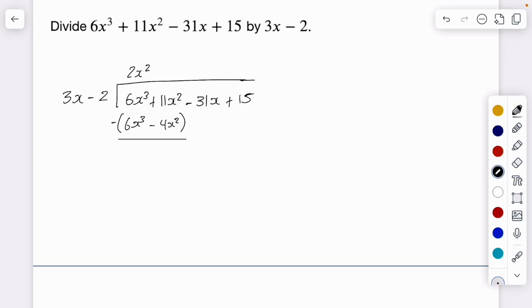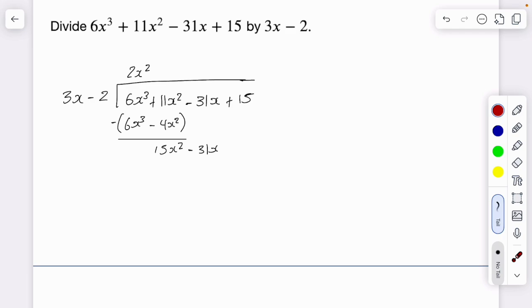Now 11x squared minus 4x squared, that's 15x squared. So we've got 15x squared minus 31x here. I'm going to ignore the 15 for now because we can just bring that down at the end.